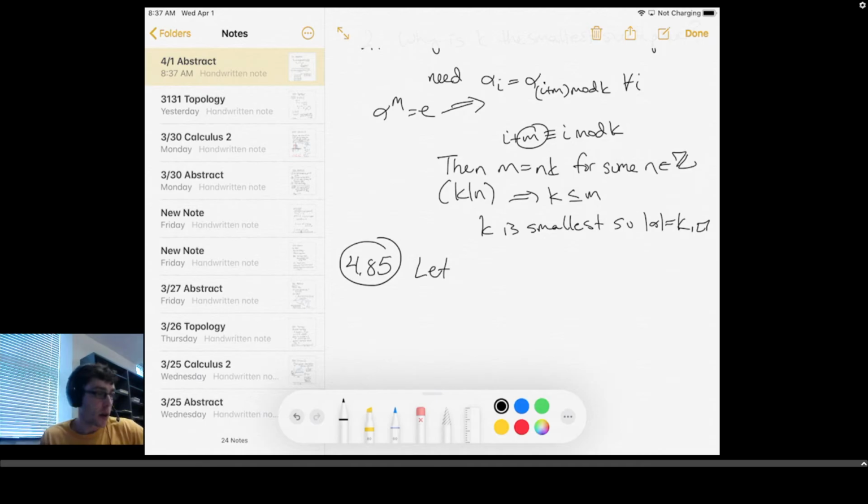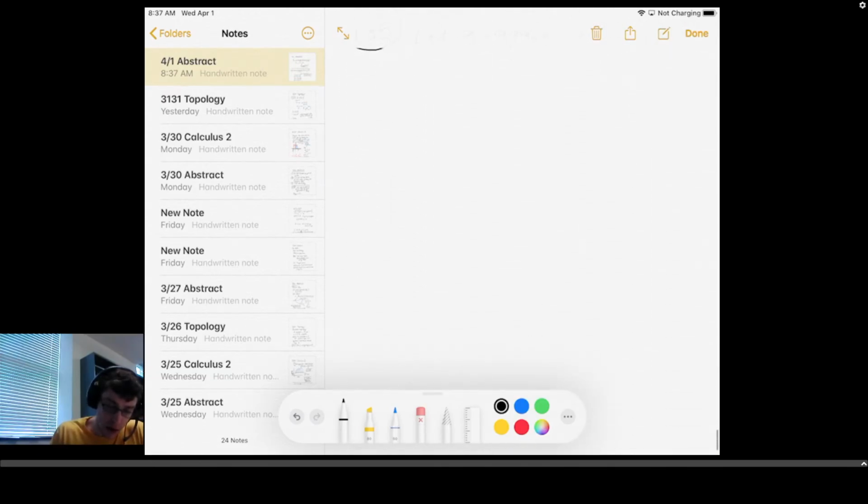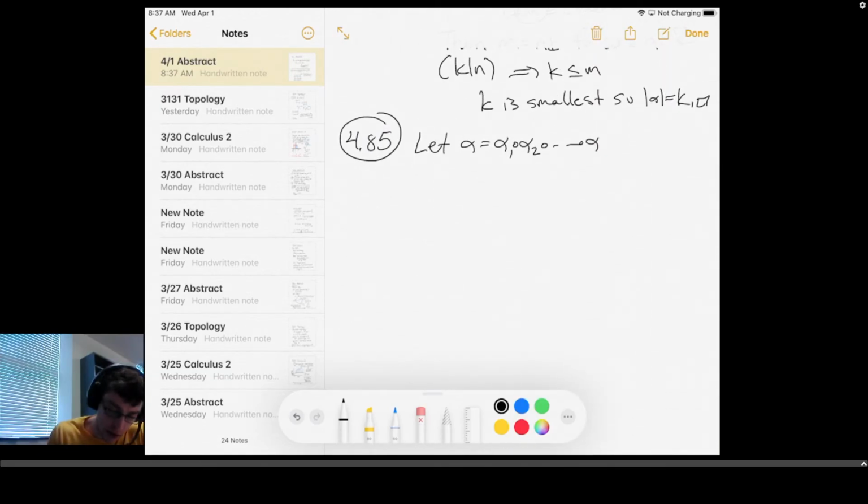Okay, so let alpha equal alpha 1 composed with and so on. I'll write the composition just to make it clear, this is very different than what I wrote above, this is not a cycle here. Each of these are disjoint cycles.